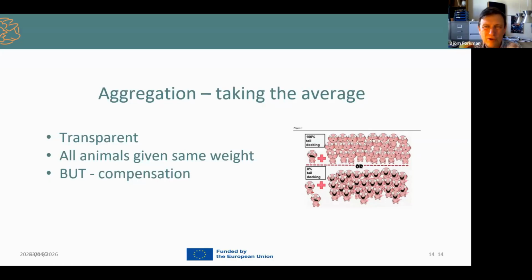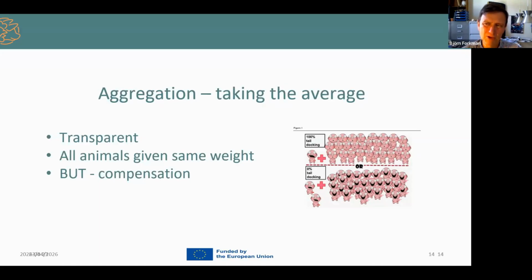Is that then okay to have lots of tail biting going on? Well, if you just take the average, the effect of the straw is going to reduce the effect of the tail biting, which may seem not very good. Because of course you don't want tail biting. You want tail biting to be punished.